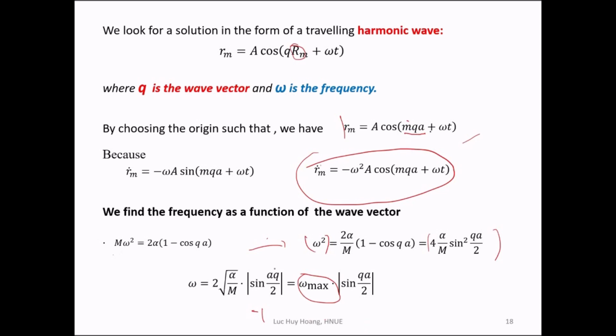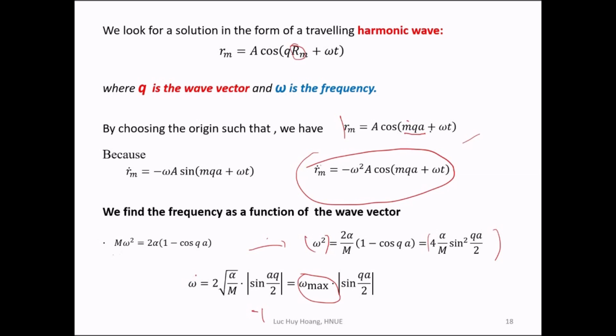Okay, so see that in this system, we assume that one atom just interacts with the nearest neighbor only. So it is easy to find the equation, right? And we have a simple equation. Then we can find the omega, and omega is the frequency.